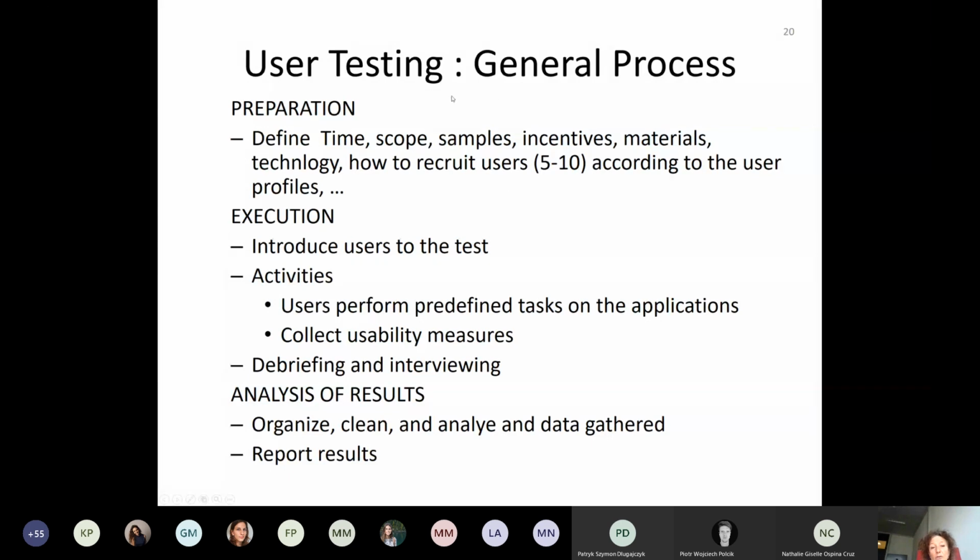Then during the execution, you have to introduce the user to the test, and the user performs predefined tasks on the application, while the system automatically or the observer collects usability measures. Typically at the end of the session, you don't throw the user away, you do some debriefing and a short interview that can become part of your results, and then analyze the results and report them.